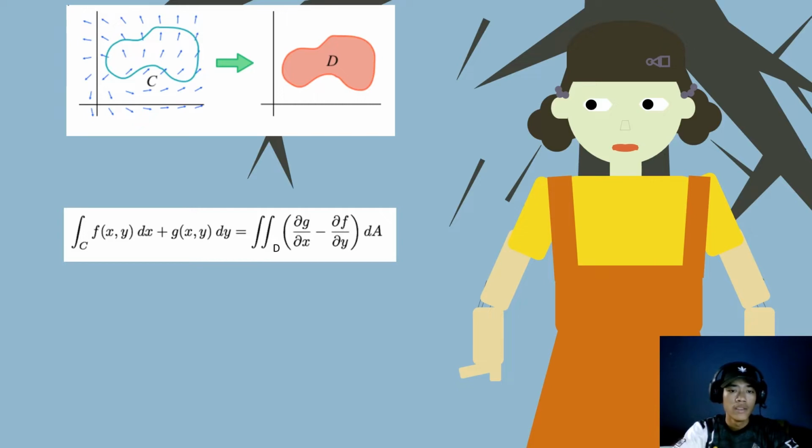As we can see in this picture, let C be a plane region bounded by a positively oriented piecewise smooth simple closed curve in a plane, and D be the region bounded by C. If f and g are functions of x and y with continuous partial derivatives defined on an open region containing D, then the integral of f(x,y) dx plus g(x,y) dy equals the double integral of dg over dx minus df over dy, multiplied with dA.